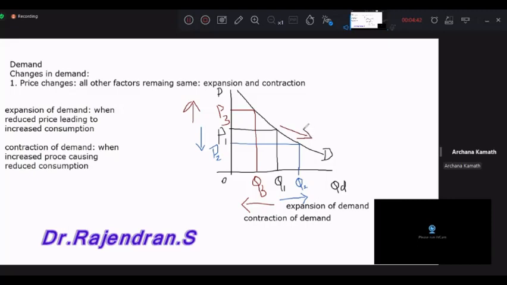It means that he is expanding his demand. When he is moving from a lower point to a higher point on the same demand curve, it leads to contraction of demand. Is the first case clear? We just looked into how changes in demand take place when price is the first factor that causes the changes in demand. Any confusion? Any clarification required?